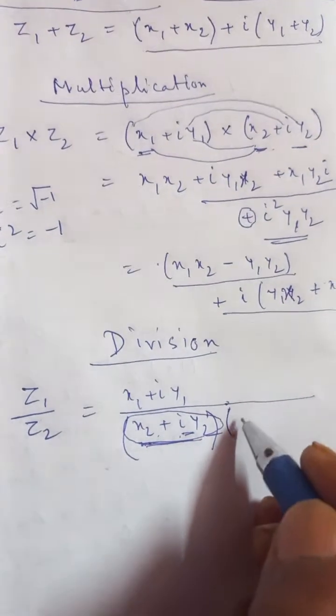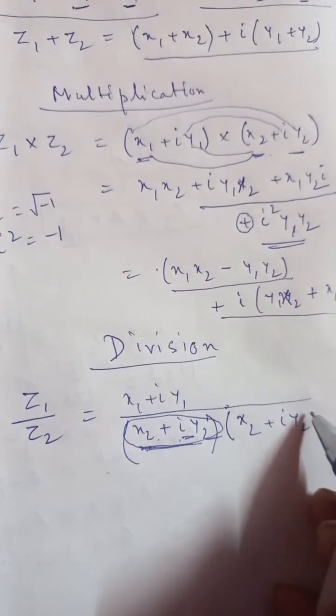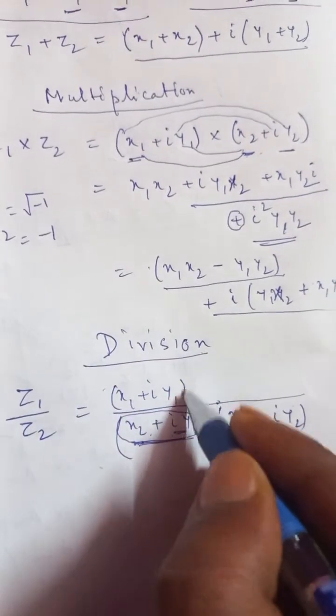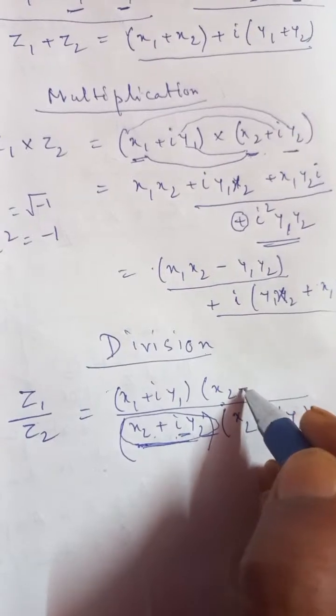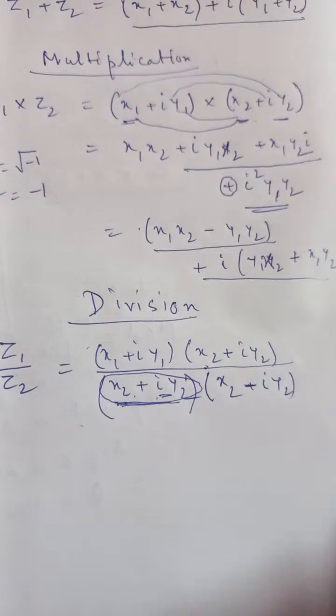So we take x2 plus iota y2 and multiply by x2 minus iota y2. Then the numerator also has to be multiplied by the same, x2 minus iota y2.